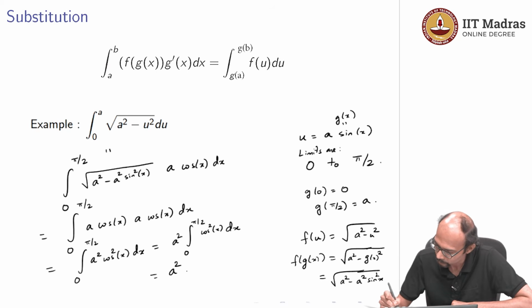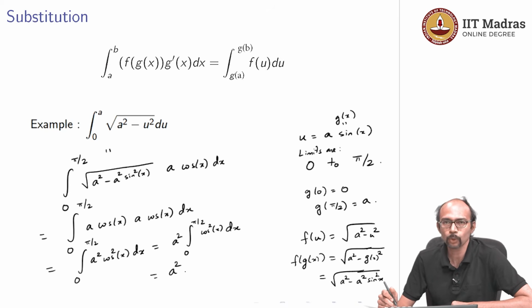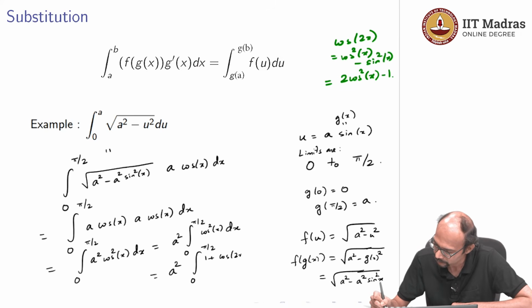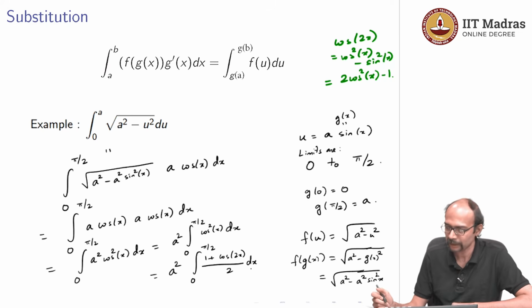So what I will do here is express cosine squared x in terms of cosine of 2x. So this is integral 0 to pi over 2 of (1 plus cosine of 2x) divided by 2 dx, and now this is an integral that I really know how to compute.